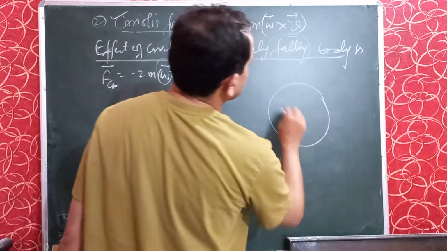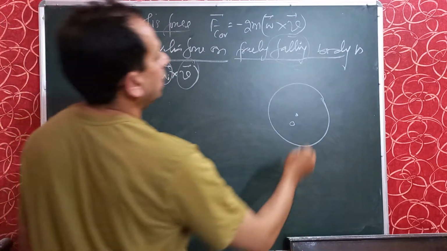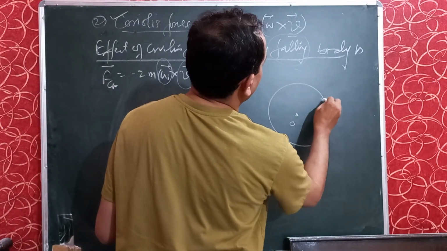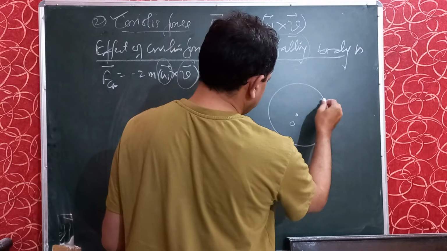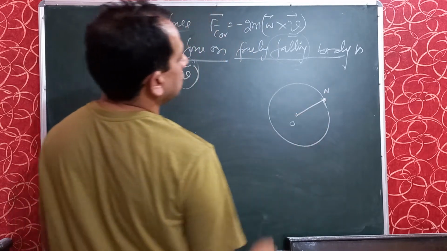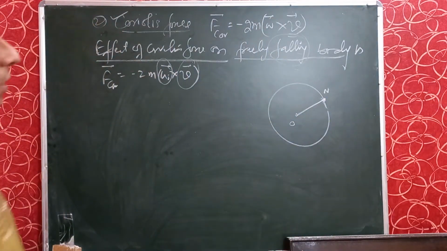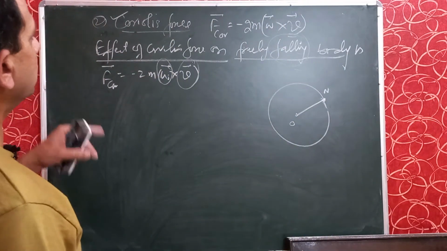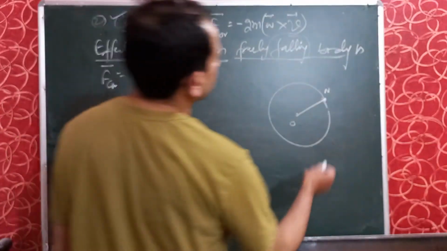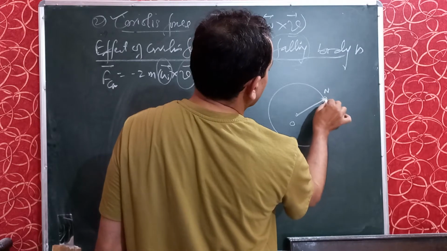Vector diagram. This is the earth and this is the origin or center of earth, and here is any point, this point is the n point, and this is the radius of the earth. Now in this case, especially in Coriolis force, we will consider the origin at n point on the surface of earth.